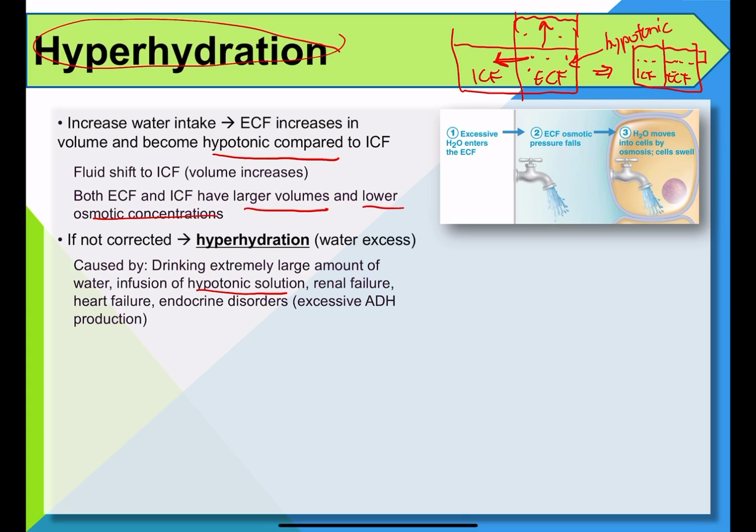When you're not dehydrating, if you're infused with hypotonic solution, then you're going to end up with hyperhydration. Or if you have renal failure, heart failure, or an endocrine disorder where you're excessively releasing ADH, those are the cases which will cause hyperhydration.